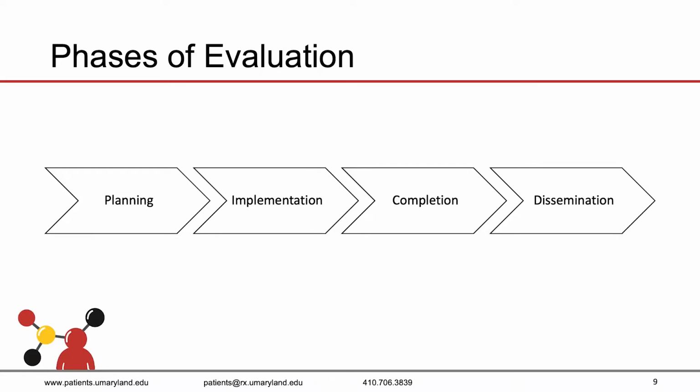So obviously in planning, one of the things that's been really helpful for us over the last few years, the Patients Program, is an external advisory board or steering committee that meets quarterly and talks about longer program goals, which is very helpful. But project specific, whenever we decide to start a new project, we typically reach out to different community members that we think might be relevant and ask their interest in participating.